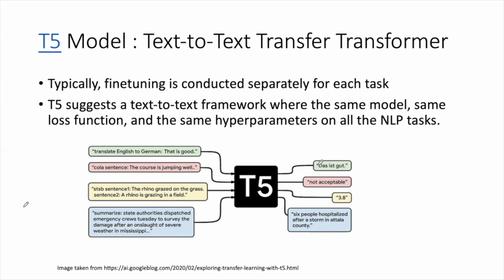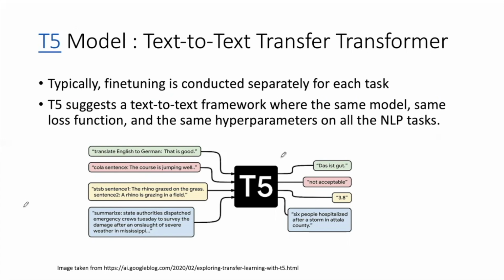In the T5 model, instead of fine-tuning on one task at a time, they suggested doing the learning for all the tasks at a time. To achieve this, they propose a formulation where we have the same loss function and same hyperparameters on any NLP task.